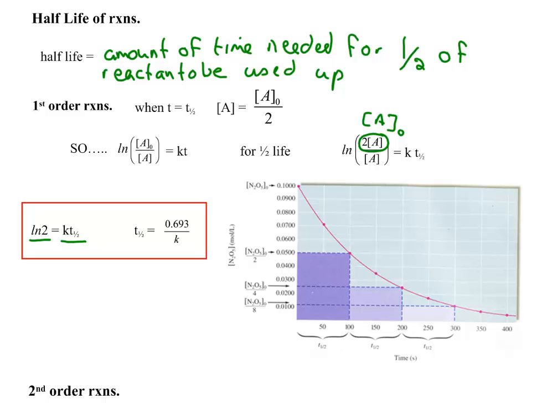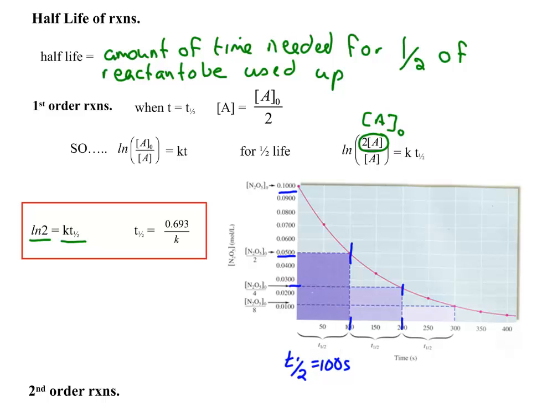If I look at the graph, if I start with an initial concentration of 0.1, half of that is going to be a concentration of 0.05 molar. It takes this much time, 100 seconds, to get there. So t1/2 in this case is 100 seconds. To go from 0.05 to 0.025, that's to here.